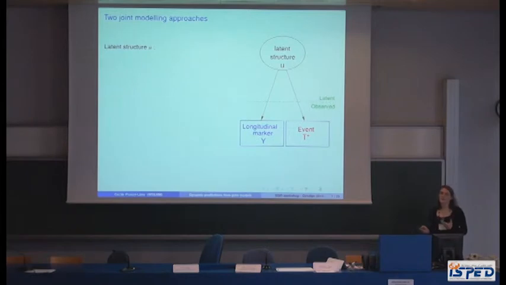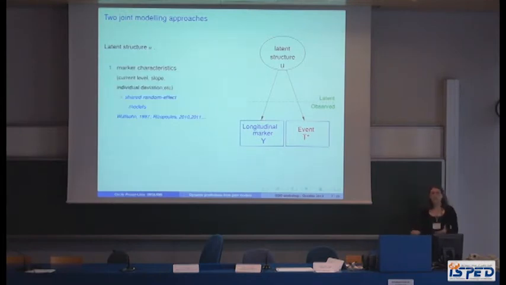And to take into account this correlation, we would assume that a latent structure will capture the correlation there is between the longitudinal biomarker and the time to event. One way to do that is to assume that the random effects from the longitudinal biomarker model will give this latent structure. And that defines the shared random effects that Dimitris introduced.